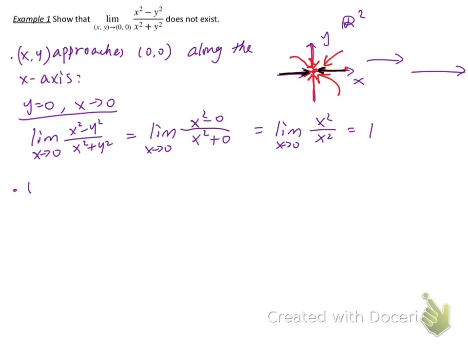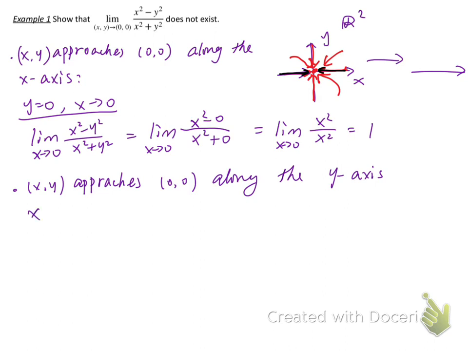Now, if you make (x, y) approach the origin along the y-axis, what happens is that y is changing, but x remains 0. So x remains 0 the whole time y goes to 0.